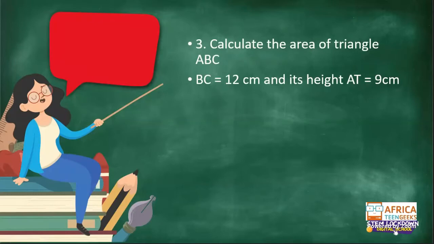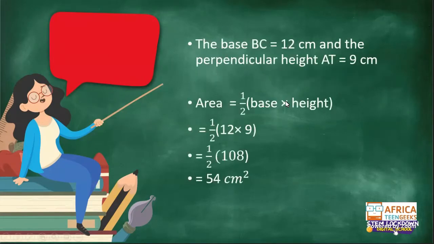So you have the base, and then you multiply that by the height. In this case, we are given the base, which is BC, as well as the height, which is AD. So you can simply use the formula.